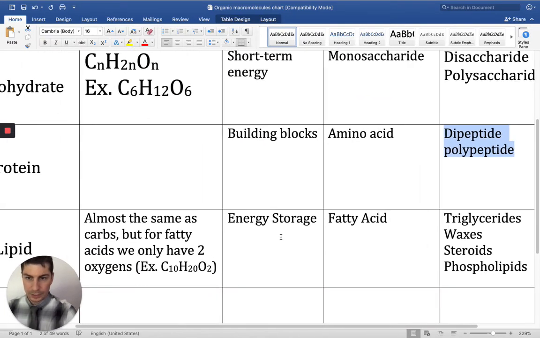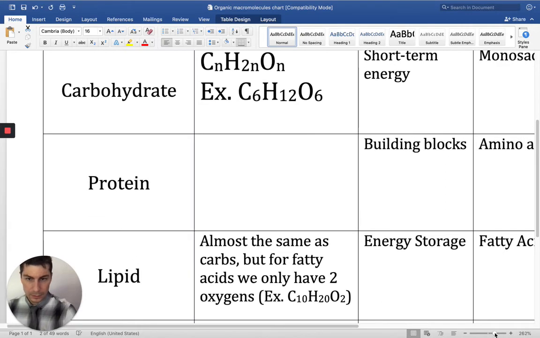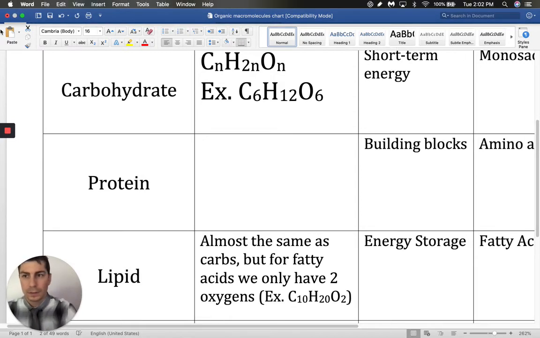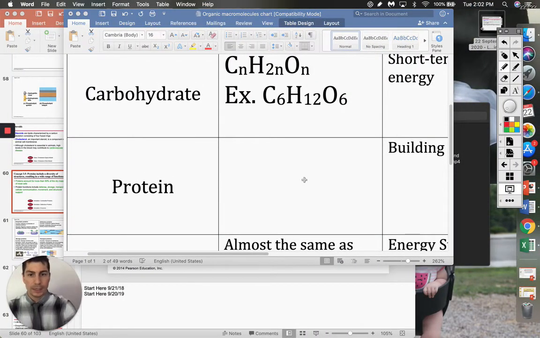Let me enlarge this a little bit. In the middle of our protein, we're going to do a few different parts to it. In the middle of our protein, we are going to have a central carbon. So I'll draw my carbon in there. Easy enough.